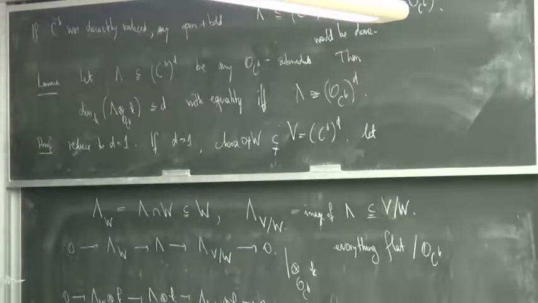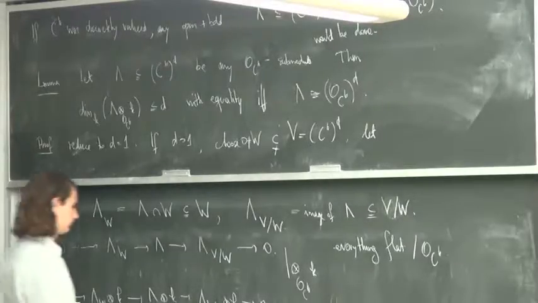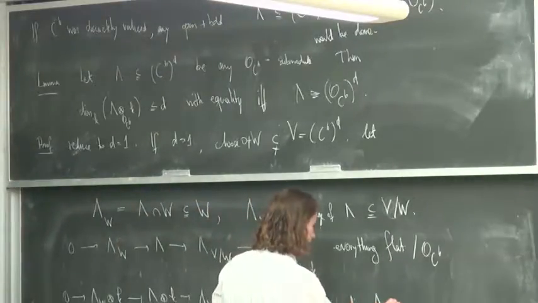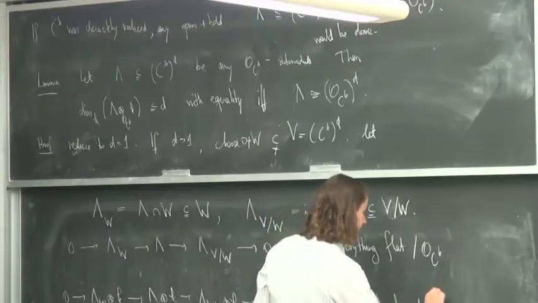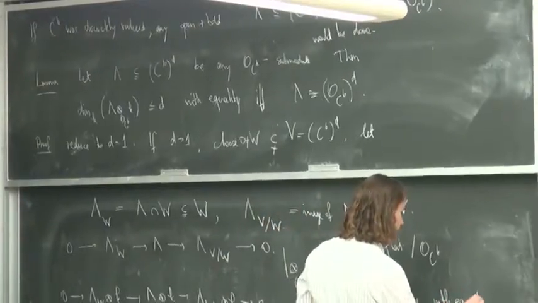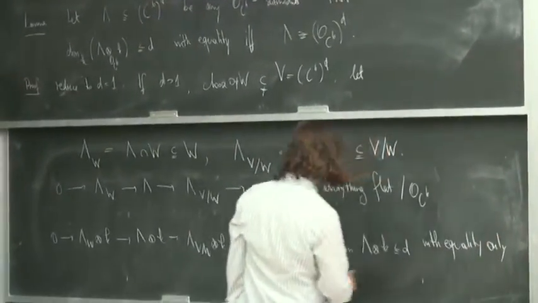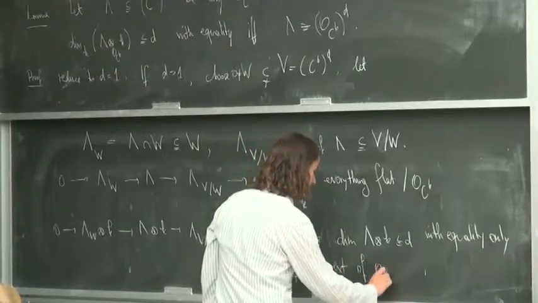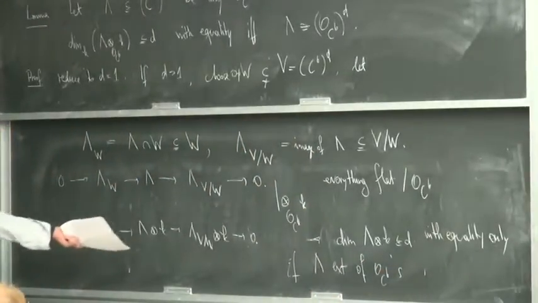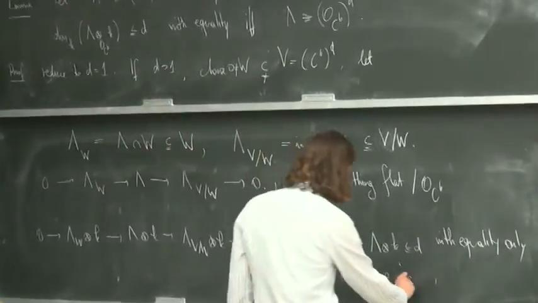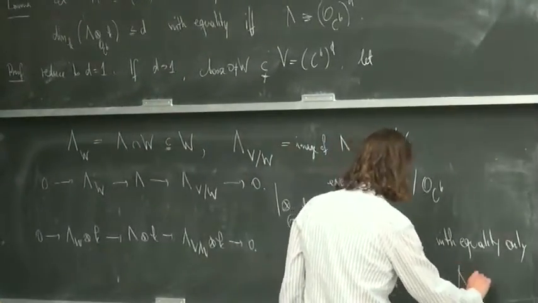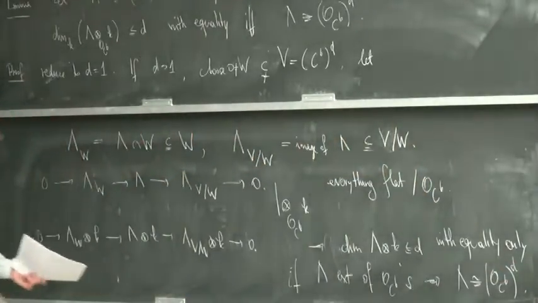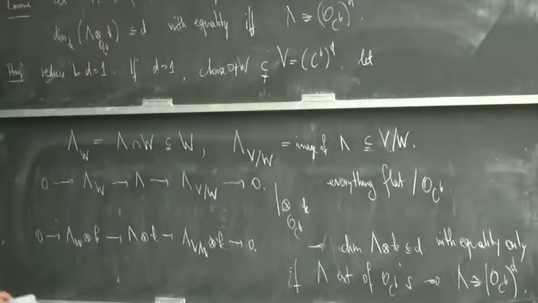And so this implies this dimension inequality for dimension of lambda tensor k. And equality can only happen if lambda is an extension of free modules, and any such guy is itself free. And of course, that is satisfied, so the dimension inequality is an equality.